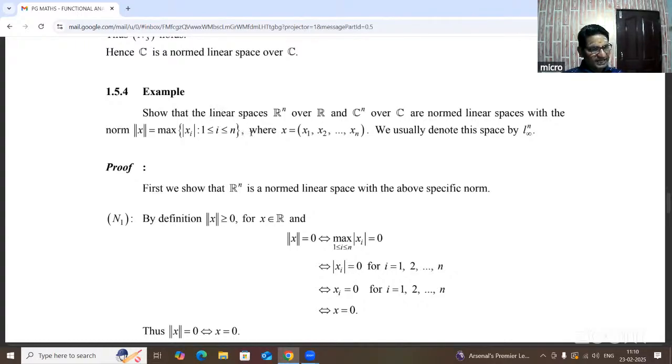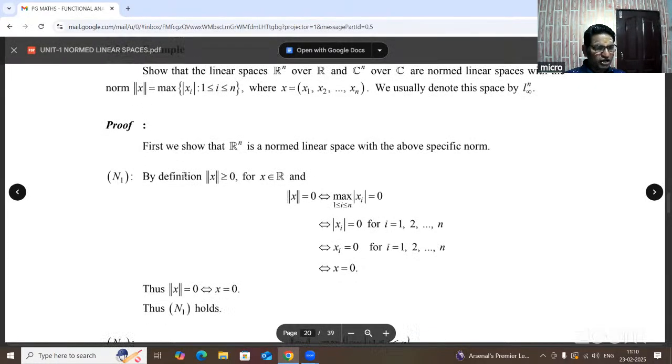This can also be written as L infinity, the n-dimensional linear space of n tuples, that is L n infinity. It is read as L infinity, n tuples.